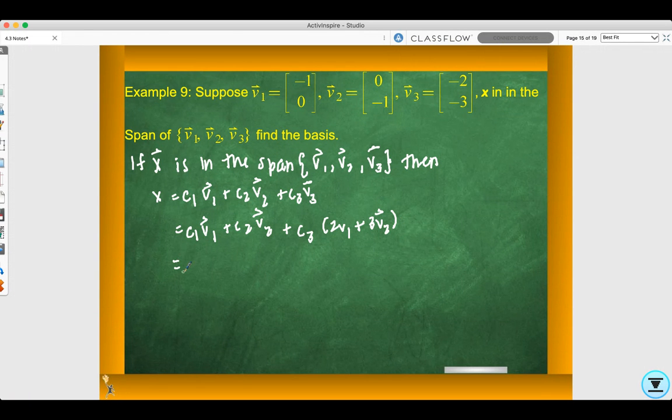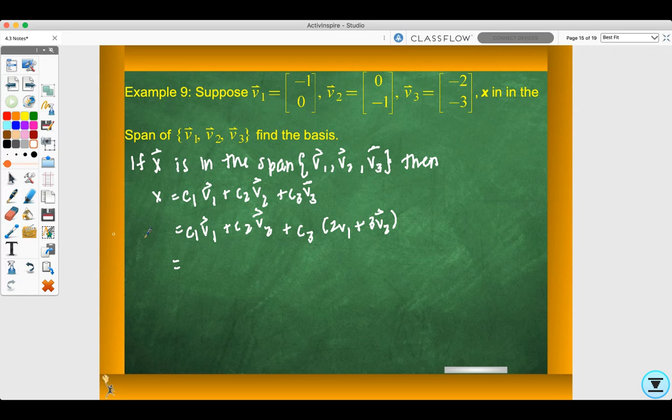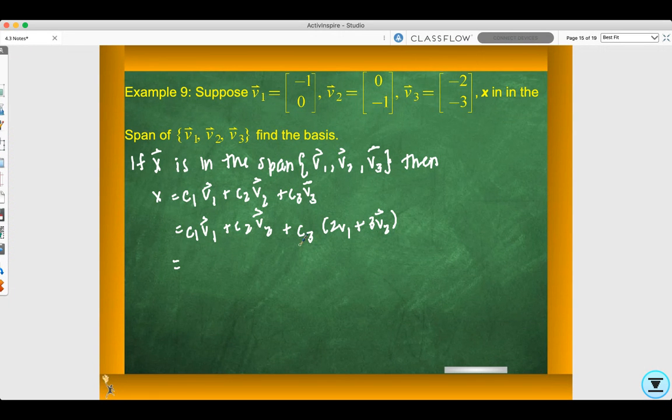And then looking at this, I can distribute and factor out v1 and v2. My v1s would go together and my v2s would go together. And I'd have c1 plus 2c3 times v1 plus c2 plus 3c3 times v2.